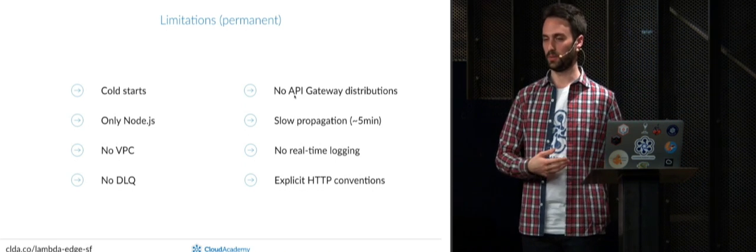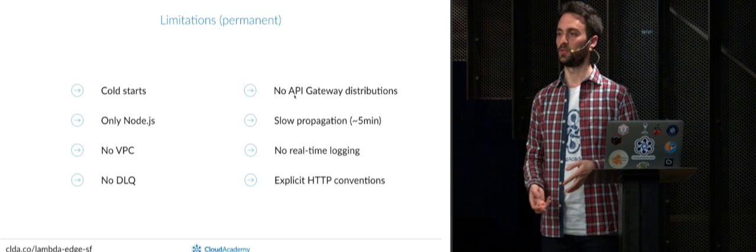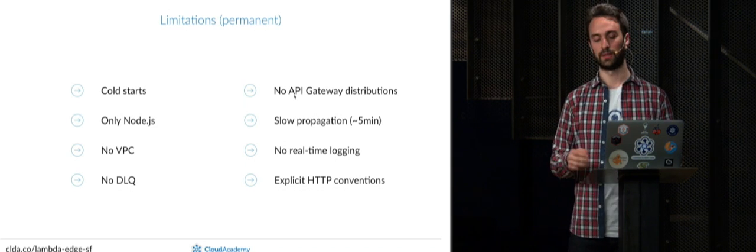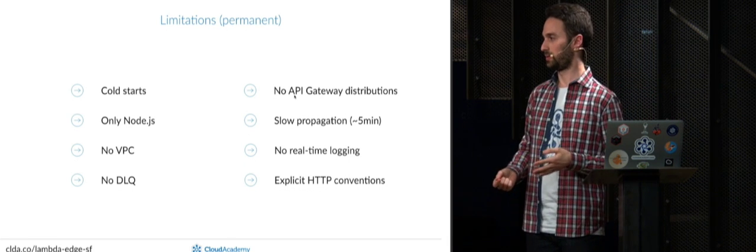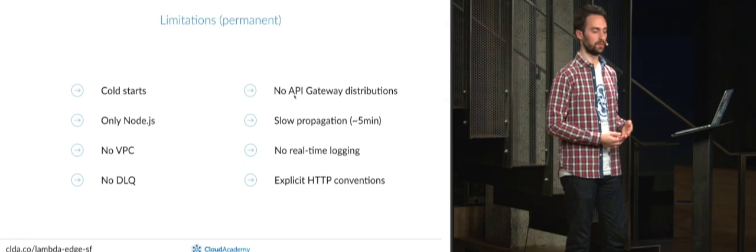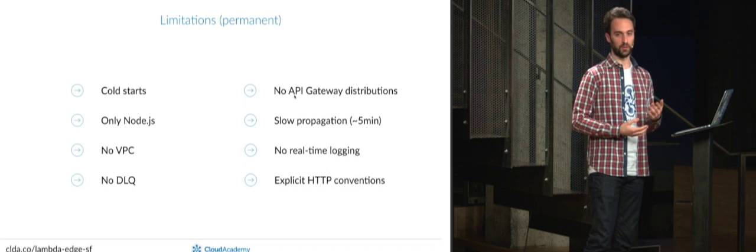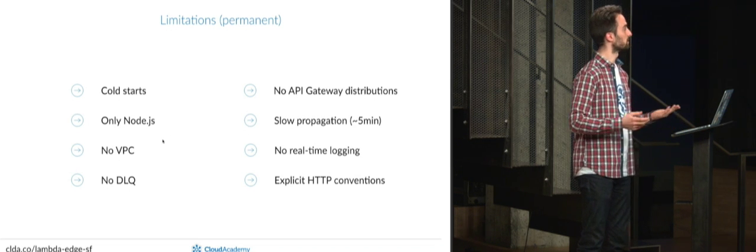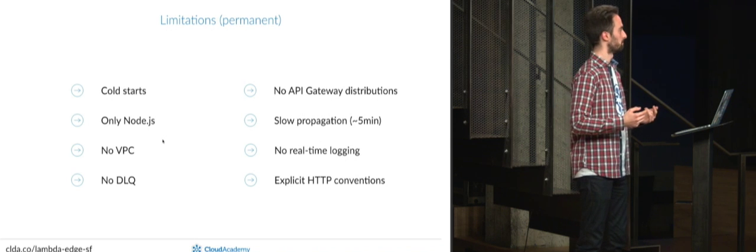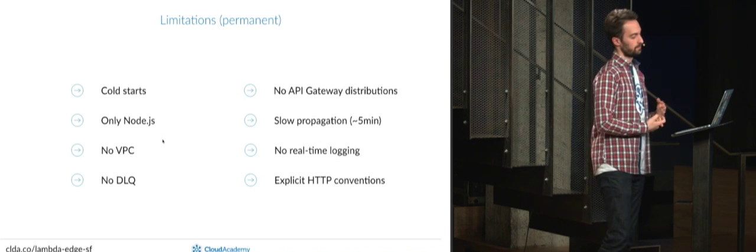When you create an API Gateway, you can't see the CloudFront distribution because that dependency might actually disappear at some point, so they don't want to expose that to you. The same holds for Lambda at the edge. Of course, VPC doesn't make sense because you are at the edge. Dead letter queue, that's kind of complicated.